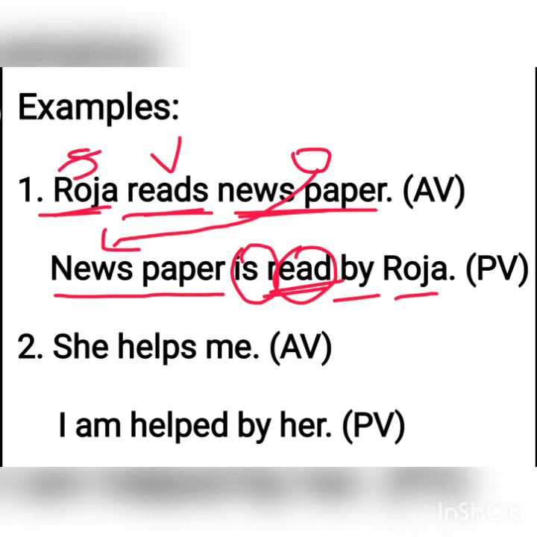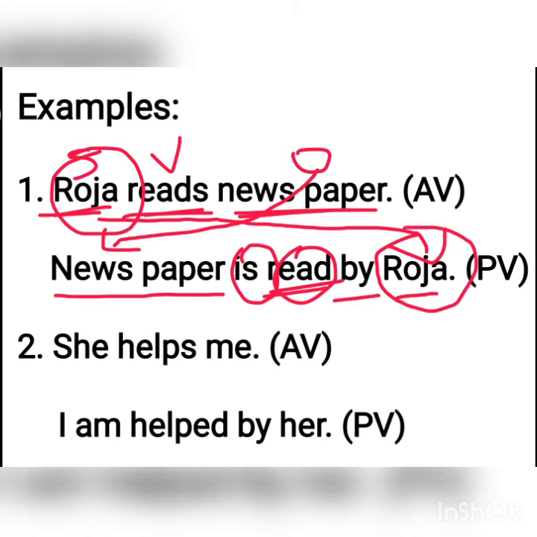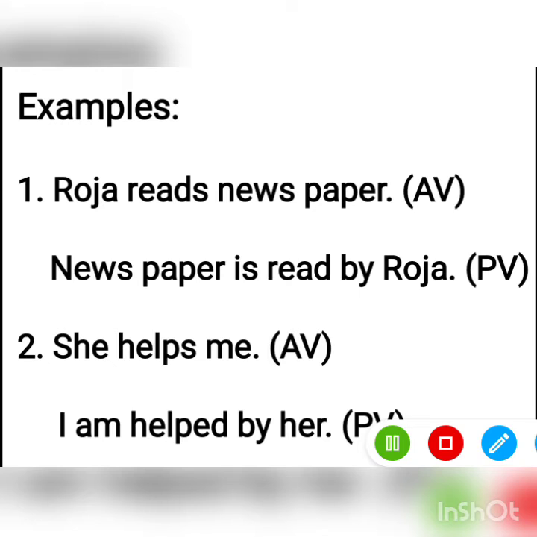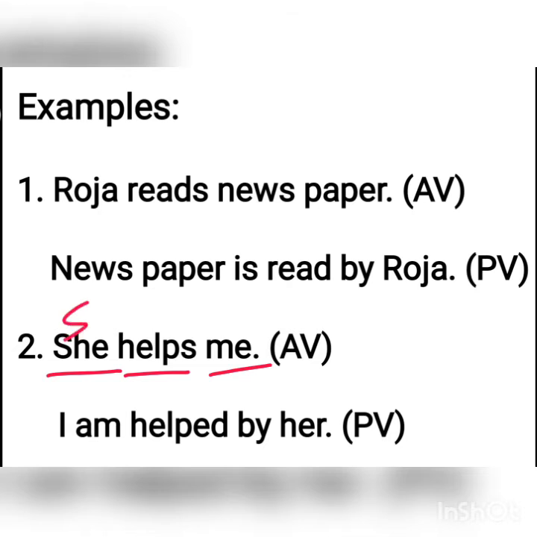After by we should write the object. What is the subject of the active voice here? Roja. If the subject is a naming word, we should not change anything. We should write the same thing in the passive voice also. Then let's see the second example. See here, she helps me. Subject, verb, object.